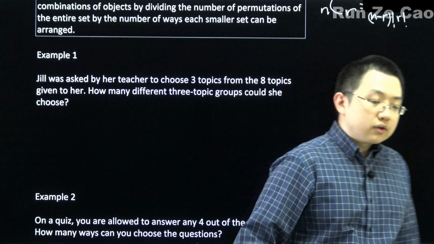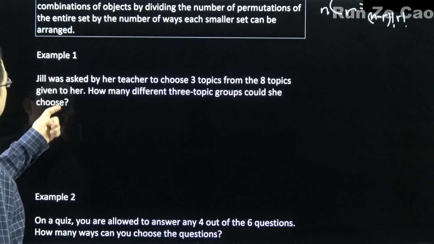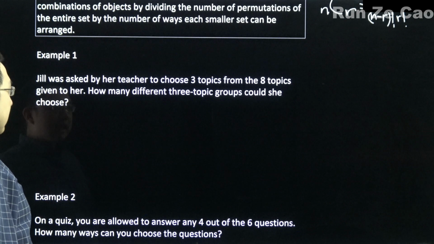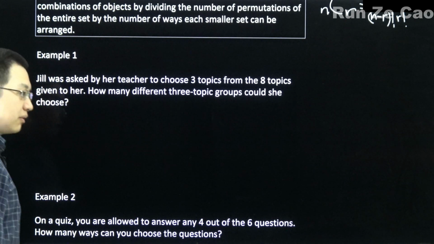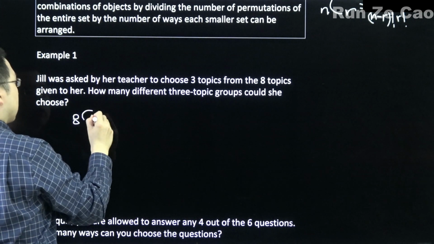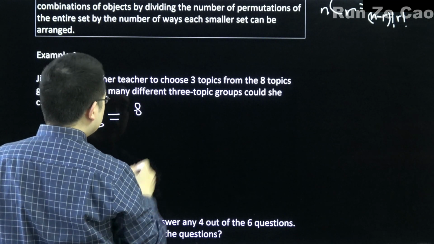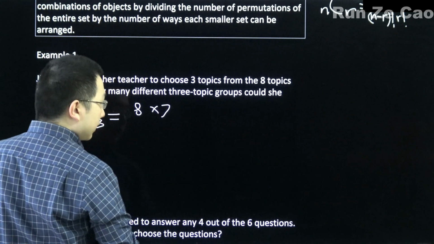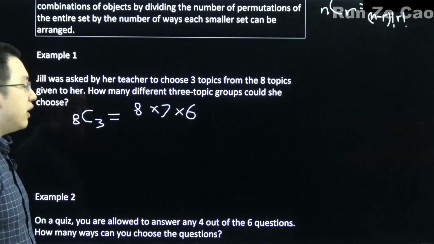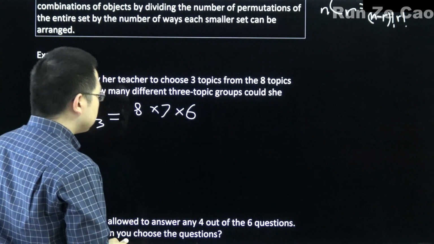We'll see how that works here. Jill could pick from 8 items for her first topic. This is 8 choose 3, by the way. So she could have picked 8 items for her first topic, 7 items for her second topic, and 6 items for her third topic. But what if she picked them in different orders? Like she picked the same 3 topics but in different orders.